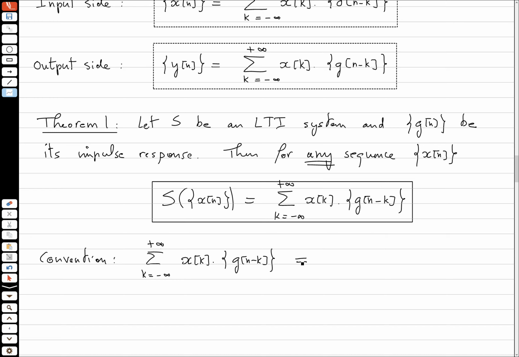Obviously this is a sequence that results from two sequences, x of n and g of n.